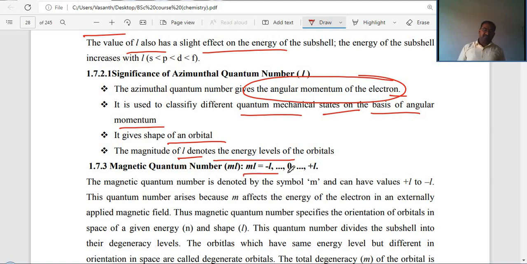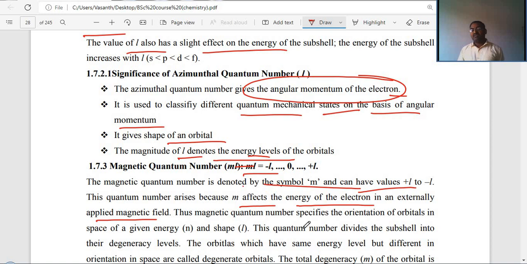The next quantum number is the magnetic quantum number. The magnetic quantum number, denoted by the symbol m, can have the values from plus L to minus L. This quantum number arises because m affects the energy of the electron in an externally applied magnetic field.